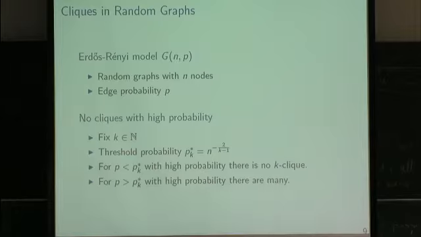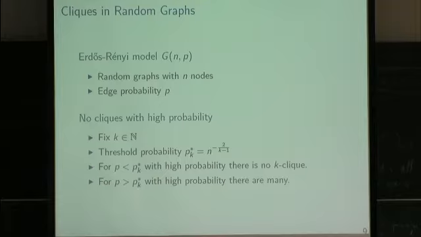And now what is known is that if you fix some number k, then there is some threshold probability that depends on this k and on the number of vertices, such that if you go below this threshold, even a little bit is sufficient, then with very high probability you do not find k-cliques in the graph.